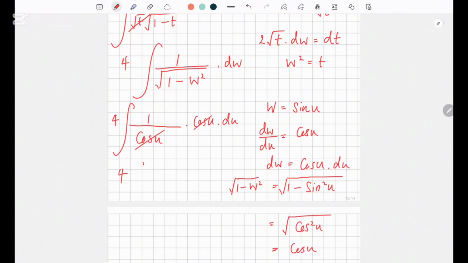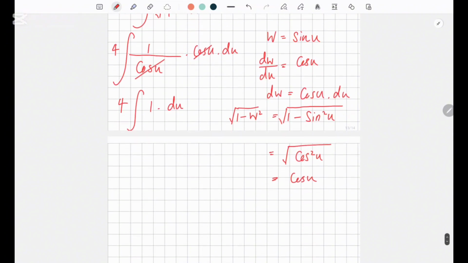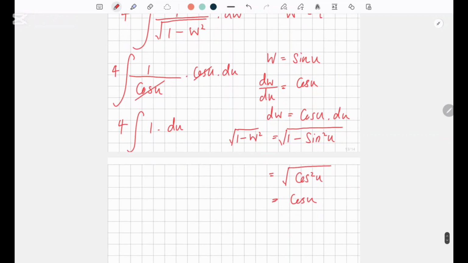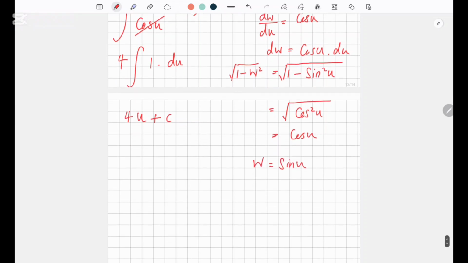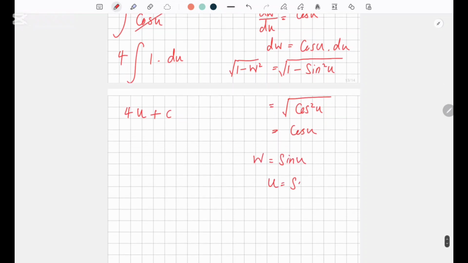Now you have to integrate 1 du. The integration of 1 in terms of u is 4 into u plus c. We had w equals sine u, so u equals sine inverse w.